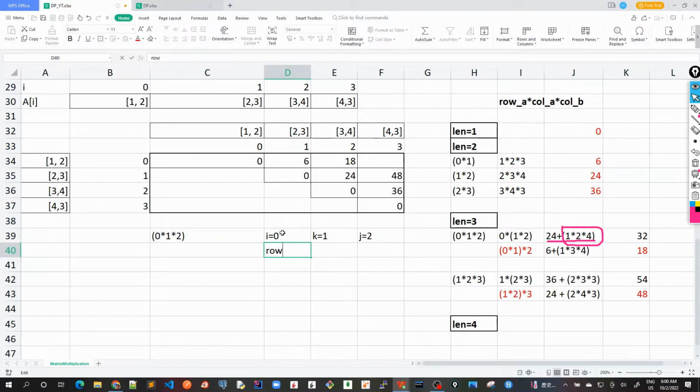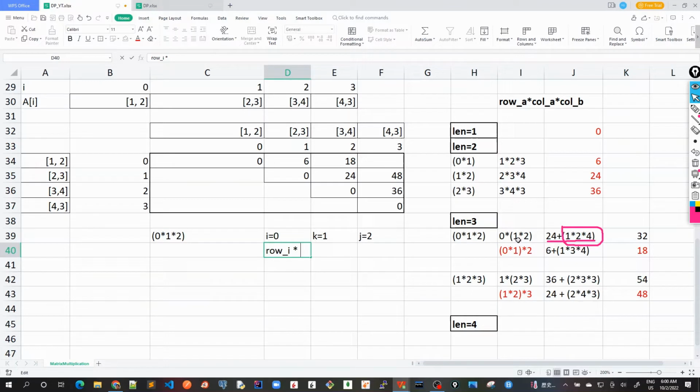It should be row of i, because i here is 0, and the 0th index, the row of i is 1, right? Multiplied by 2. 2 is the column of k.